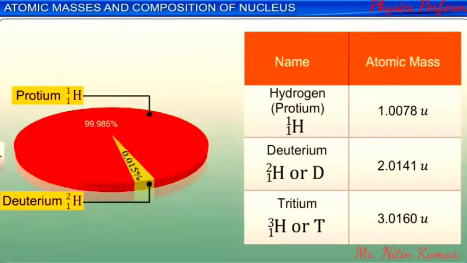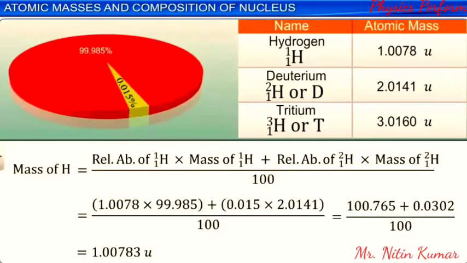The relative abundance of protium is 99.985% and that of deuterium is 0.015%, and their atomic weights are 1.0078 AMU and 2.0141 AMU respectively. Knowing these values, we calculate the atomic mass of hydrogen, and it is found to be equal to 1.00783 AMU.